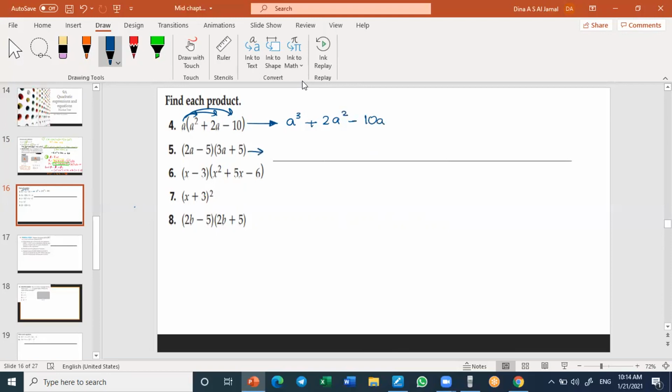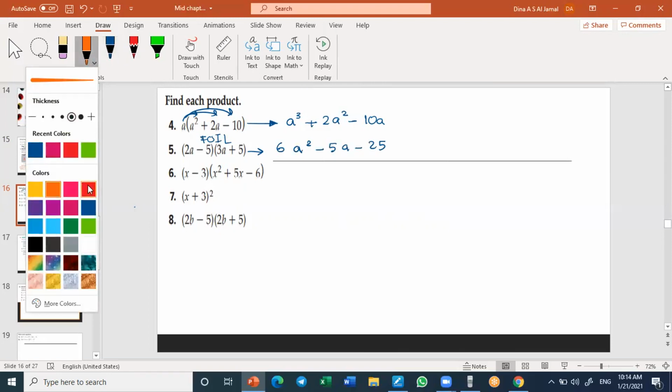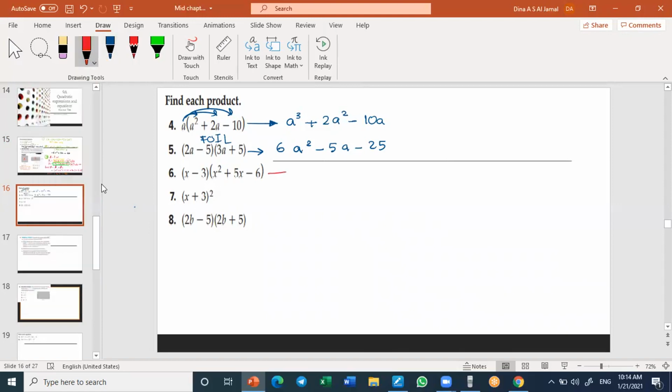Here you will be using the FOIL method. In question 5, you will be using the FOIL method. When you use it, you will get 6a squared minus 5a minus 25. The reason I don't explain it again from the beginning is that I explained it already in the mid-chapter quiz, so you can just revise it. In question 6, you will be using the distributive property.